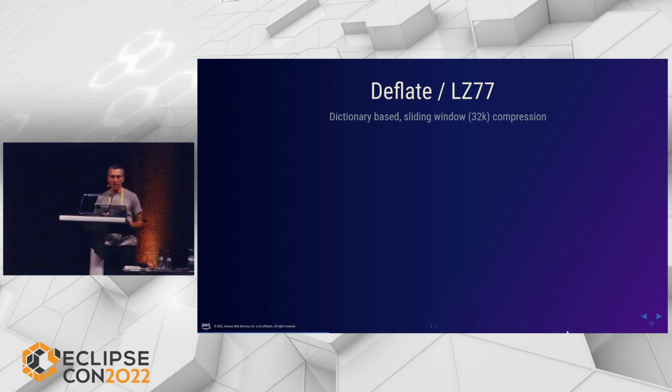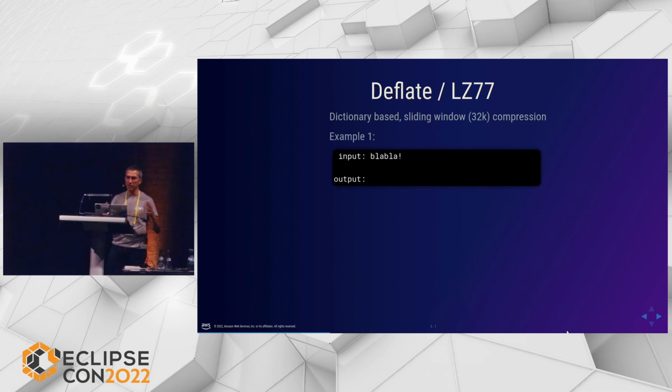Deflate, as I said, is a combination of Lempel-Ziv 77 and Huffman coding. So first, let's see what Lempel-Ziv 77 is. That's a dictionary-based sliding window compression. That means while you're scanning your input text, which in this example is "blah blah!", you output characters which you haven't seen before.